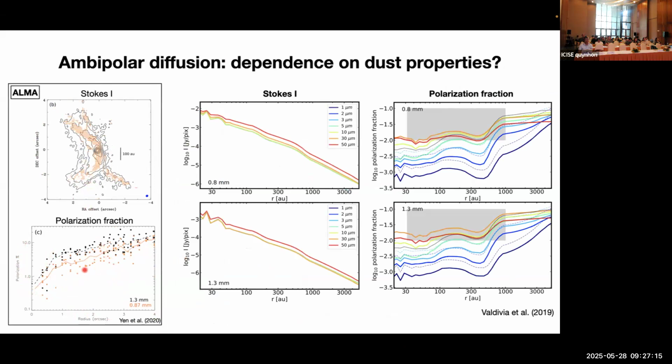So we can see a difference. Although the calculation shows that Stokes I may not be so sensitive to grain size, polarization fraction does change. This paper shows the polarization fraction at different wavelengths, 0.8, 1.3, based on different grain size.